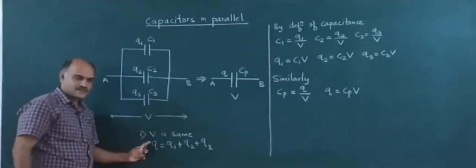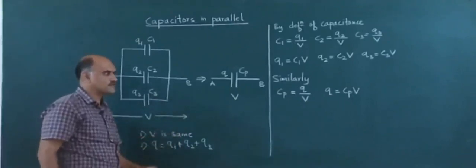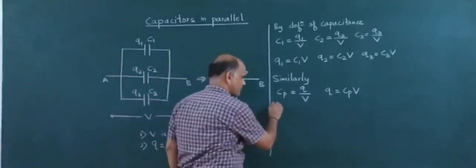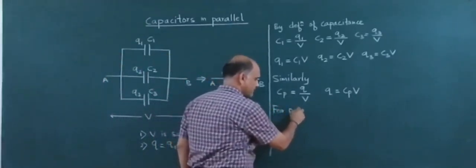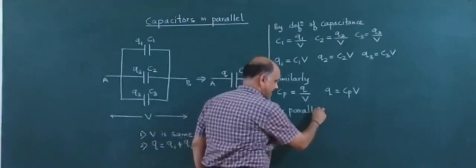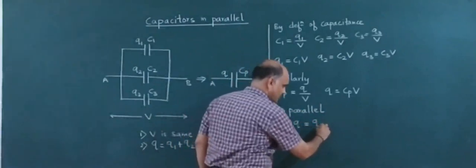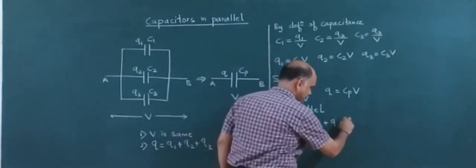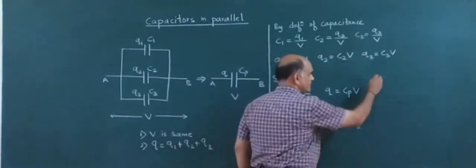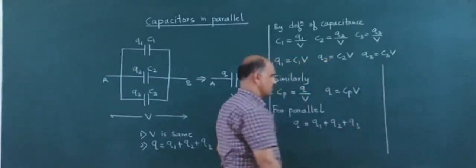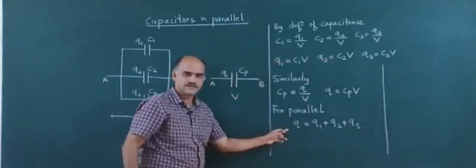The condition is total charge is equal to the sum of individual charges. So for parallel, we have Q is equal to Q1 plus Q2 plus Q3.